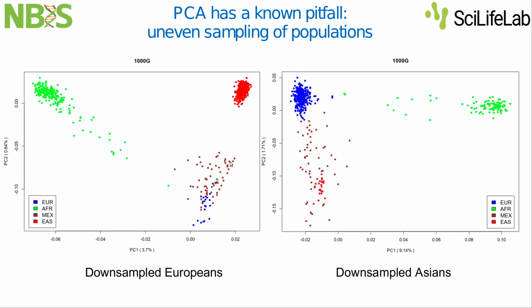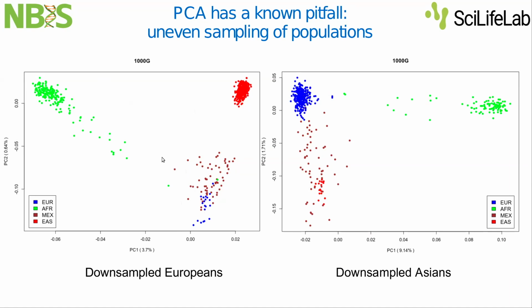And then if you ask a question whether this query population should cluster closer to one of those three reference populations, let's call them African, Asian, and European, then this clustering of the query population with respect to the reference clusters can be affected very much by whether one of those reference clusters is a little bit smaller or a little bit bigger than the other two.